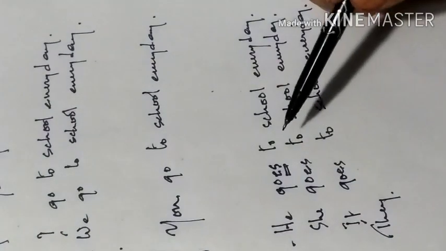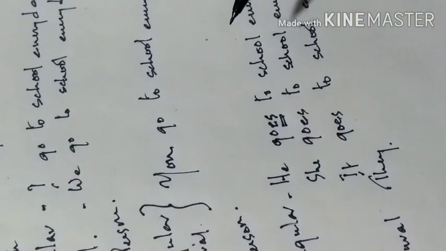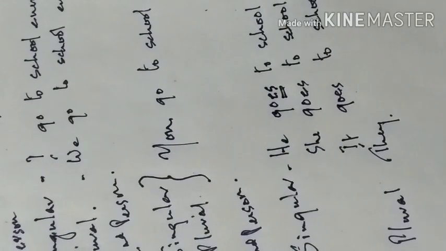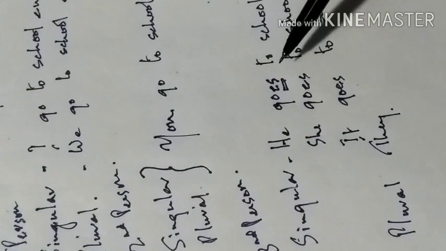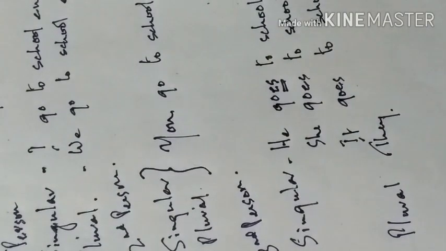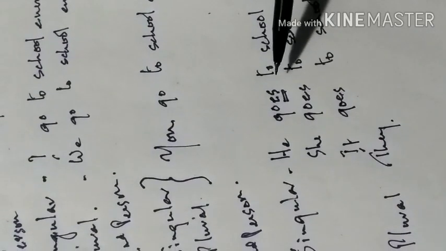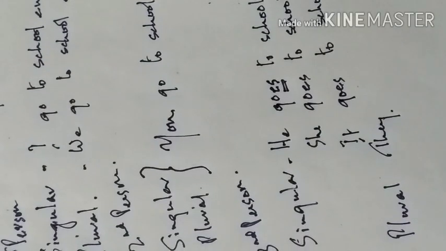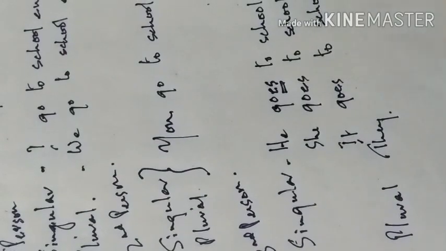This addition of es or s to the verb does not make the verb become a plural and does not make the sentence become a plural sentence, but this is the rule of grammar where you have to add s or es or ies to the verb as it is required, so that when we use the verb in the third person singular, the verb will undergo a change.